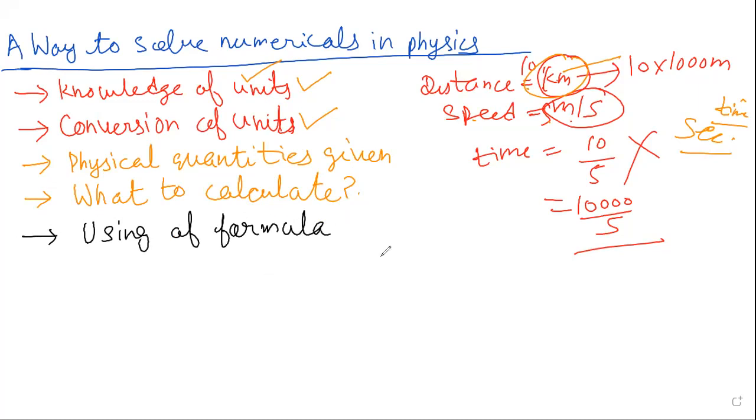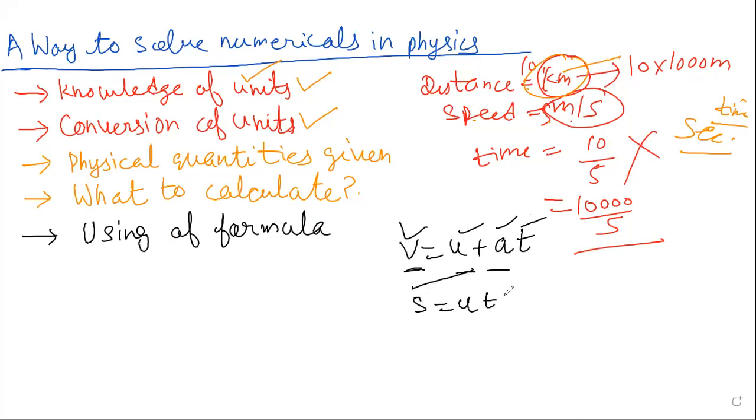Using of formula means, like we have discussed the equations of motion, v is equal to u plus at. I told you in the earlier video that 4 physical quantities are there, and if out of these 4 any 3 are given, then you will come to know which formula you have to use.